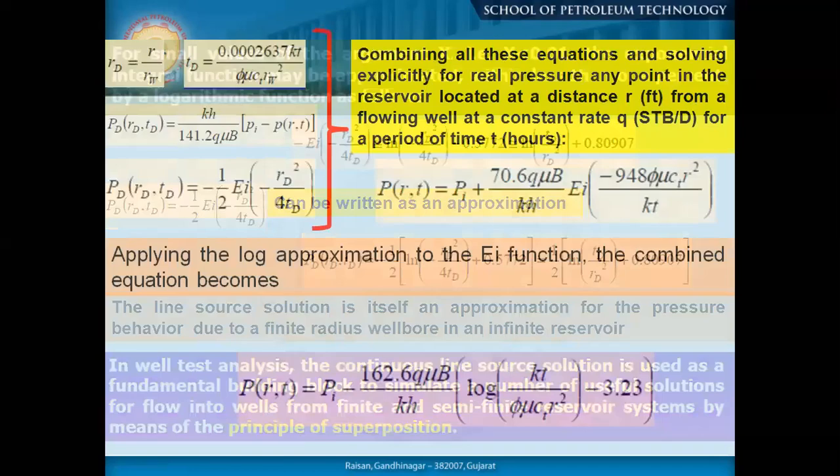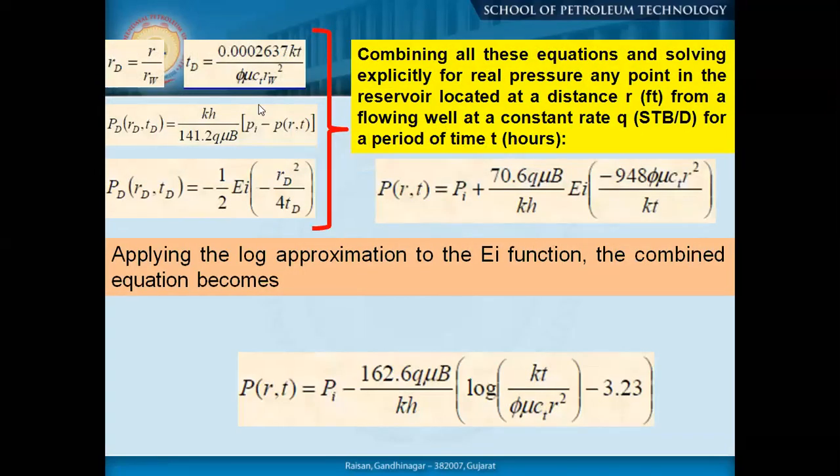So if I sum it up, we have discussed the dimensionless parameters: rD is r by rw, tD is this, and pD is the dimensionless formulation of our pressure with the exponential integral. Combining all these equations, this is our main equation, and depending on your r and your t, this is actually the x.